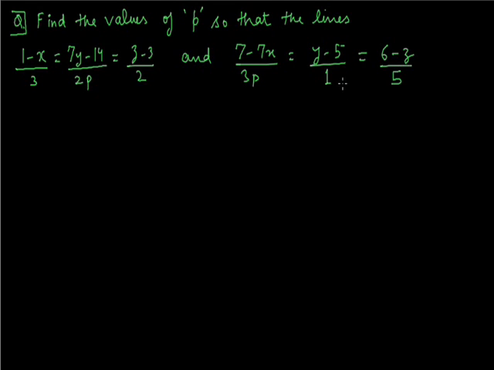These are the two lines. We need to find the values of p so that these lines are at right angles. That is, they are perpendicular.